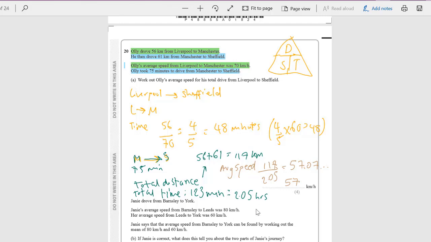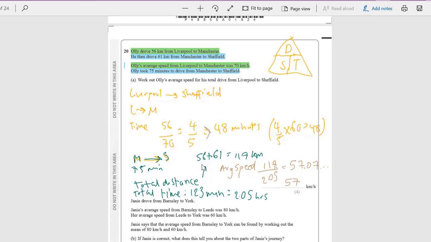So just to recap, essentially what we've done is we know that it travels 56 kilometers, and the average speed from Liverpool to Manchester was 70 kilometers per hour, which is 4 over 5. And we know that 4 over 5 times by 60, because we're dealing in hours here, so 1 hour is 60 minutes, gives 48 minutes. That's how we got that. So we probably should do this.